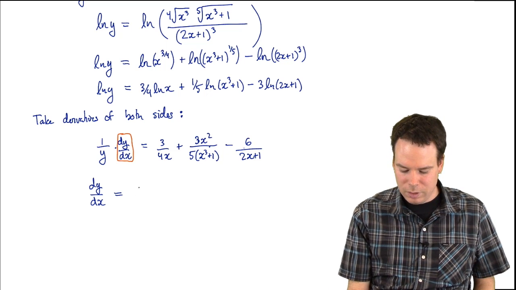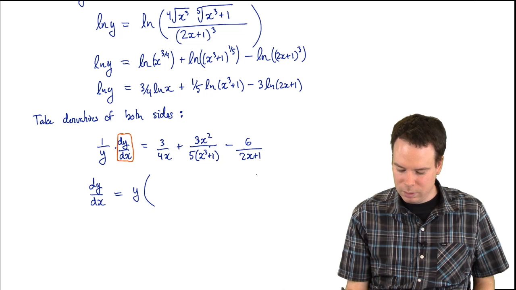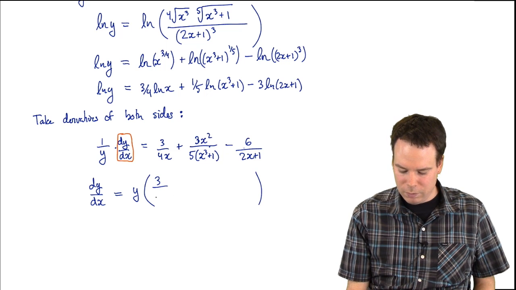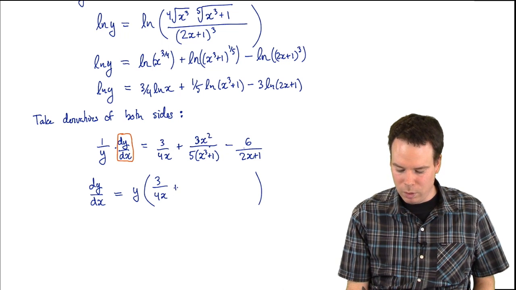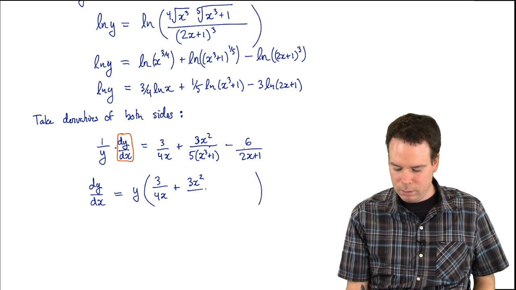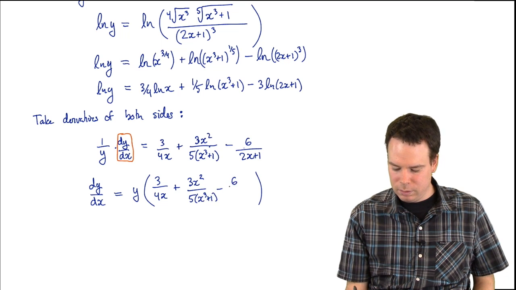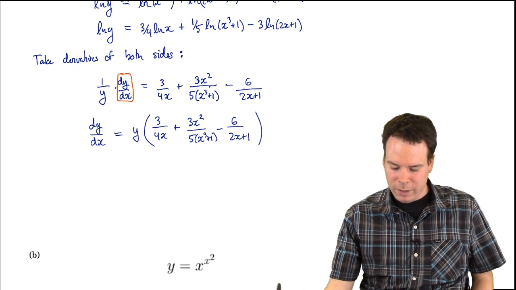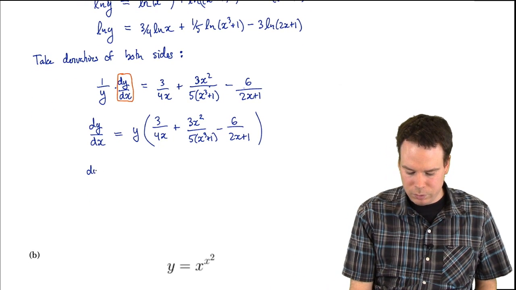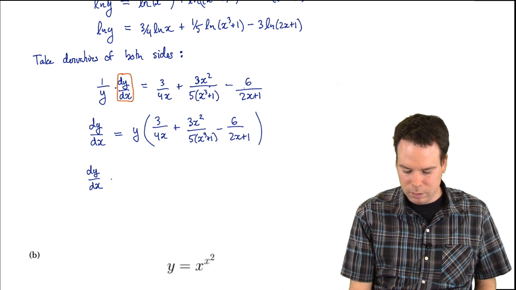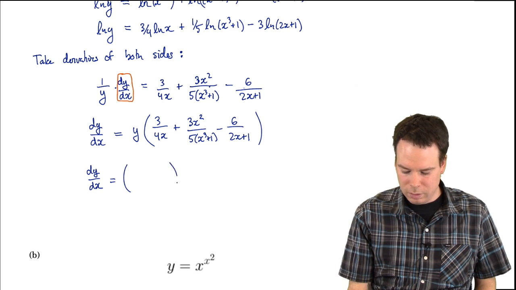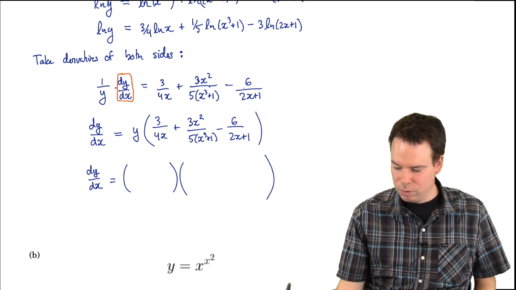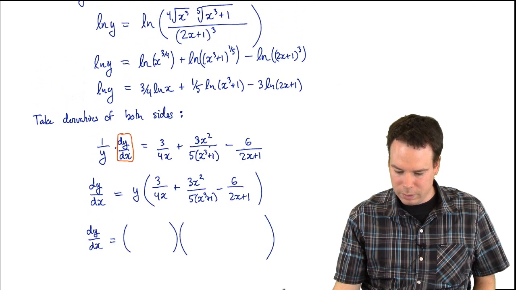Now I can solve for dy by dx by just multiplying back through everything by y. And that's minus 6 over 2x plus 1. And I want my answer back in terms of x alone, so I can just rewrite what the original expression in y was in terms of x. So scroll back up. What was it?